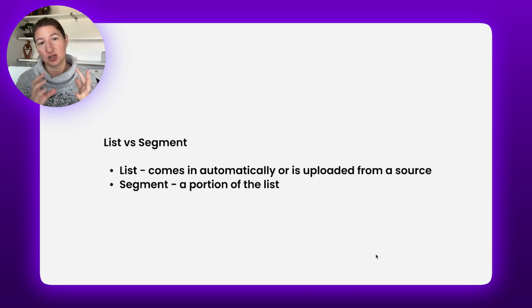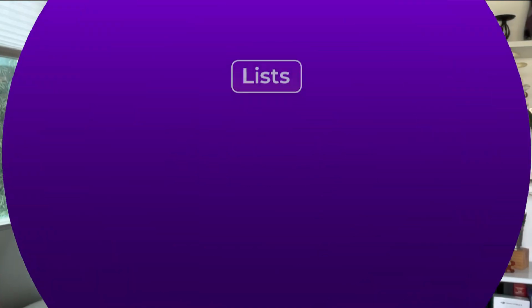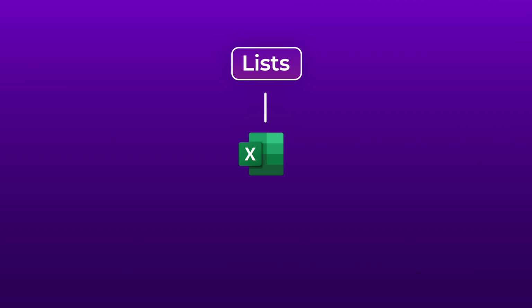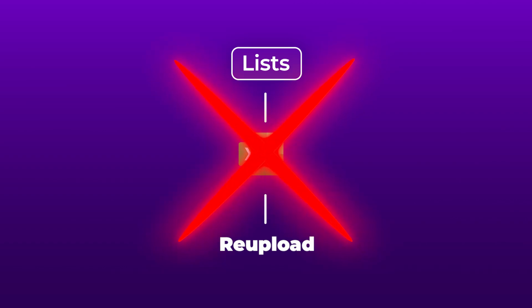Segments, on the other hand, should be created within the email platform itself and should be segments of those lists. What I've seen is a very common mistake early on is people will take their lists, download them, segment them offline in their Excel or their Google Sheets, and then re-upload them as a new list. But that should not be the case.